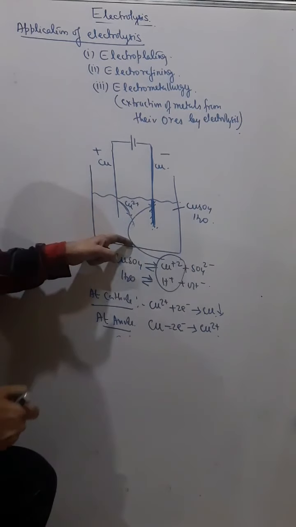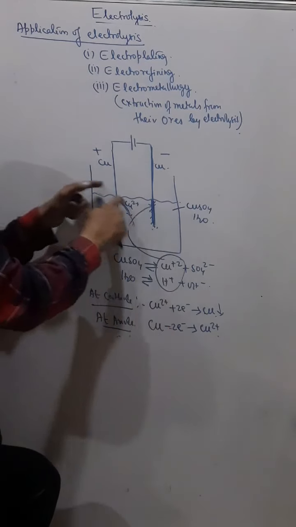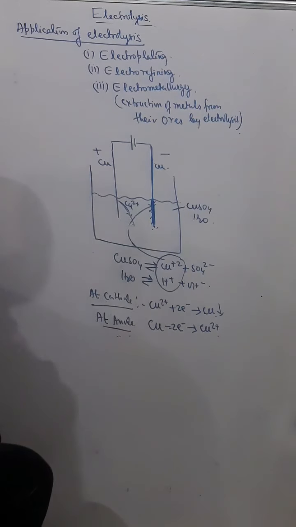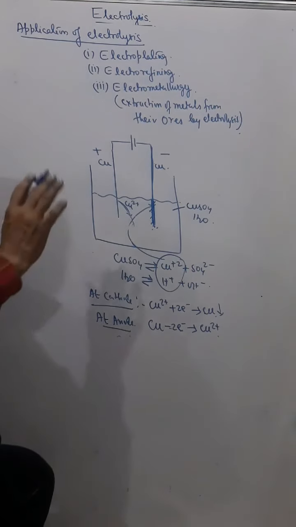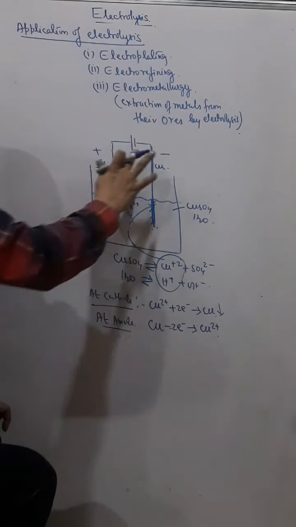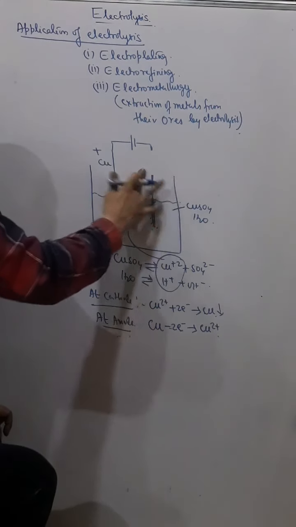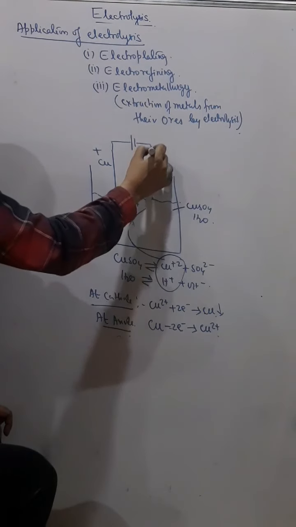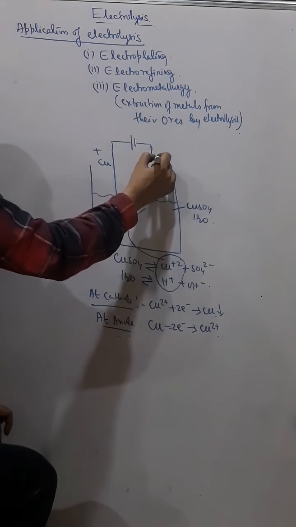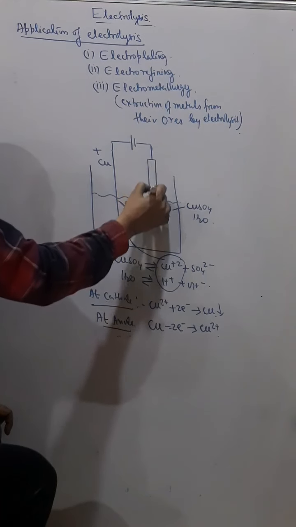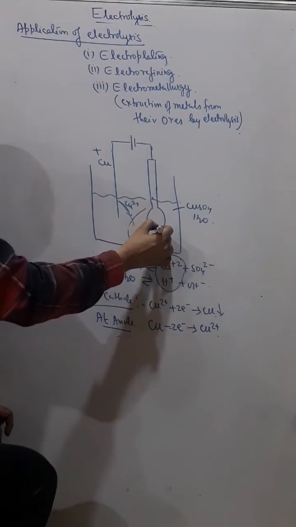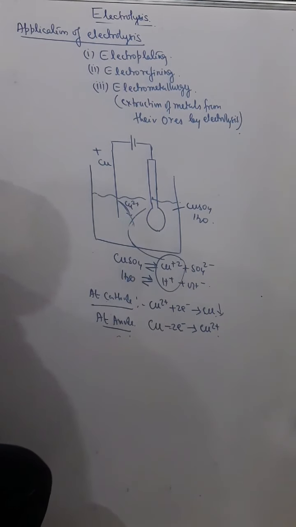Copper ions are coming here and getting deposited. So you can understand this is the concept of electroplating. Now just try to understand, if I replace this copper plate with any other material, a stainless steel material, say a spoon, what will happen?